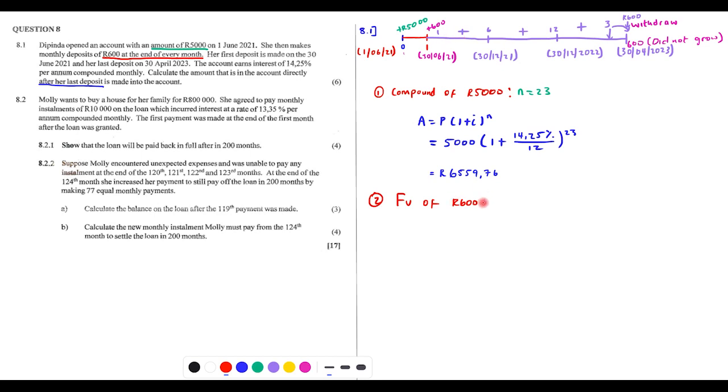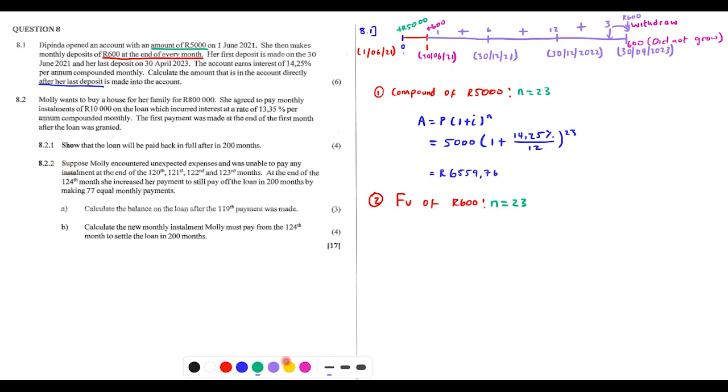The first time you open an account, a month later, that's when you deposited, and then for the next 6 months you kept putting in the 600s, which was 7, and then again 19, and then 22, and then you also put in the 600 there, which was 23. So which means now your n is going to be 23, because that's the total amount of 600s that you've put in there.